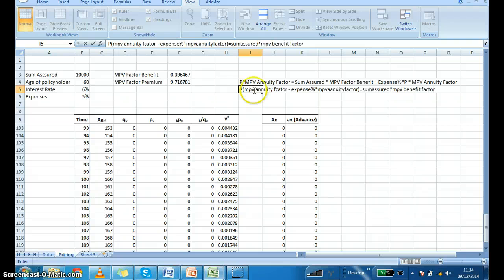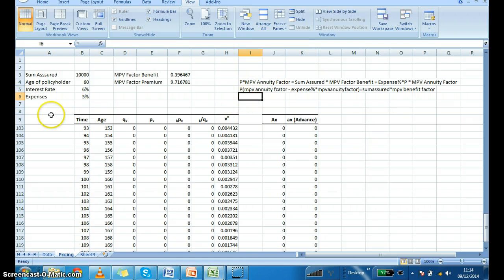Then we can divide both sides by the MPV annuity factor minus expense times MPV annuity factor to get the P, and that P will be the annual premium.